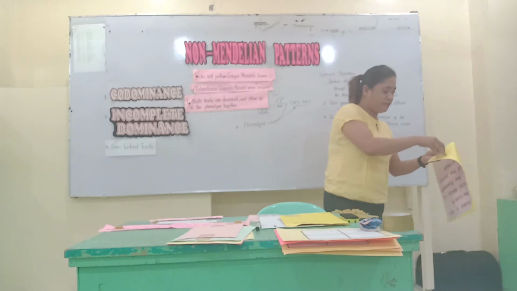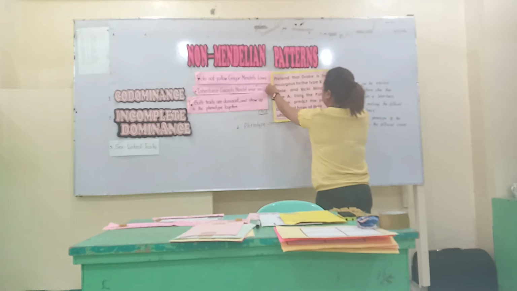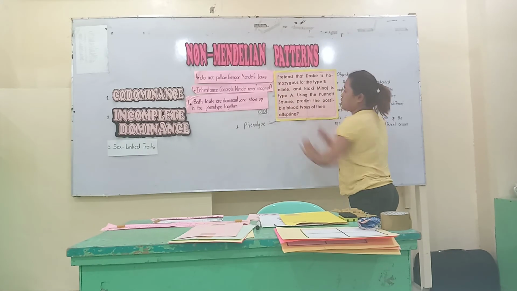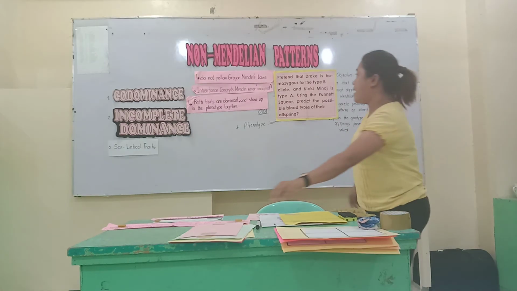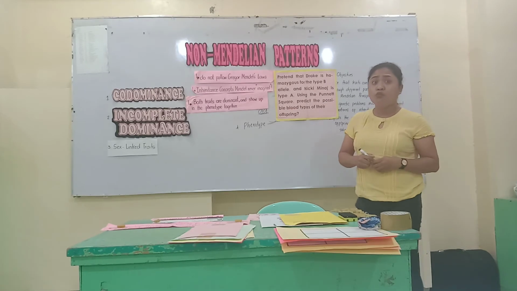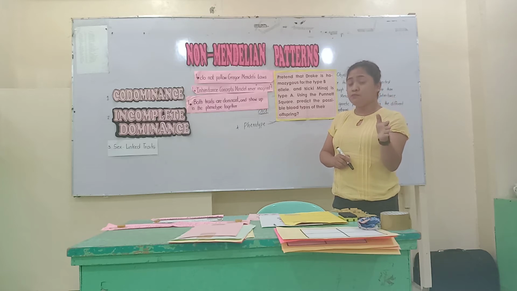What if you were given a problem like this? Okay, so let us read the problem. Pretend that Drake is homozygous. What do you mean by homozygous? Homozygous gani kung pareho dagko o kung pareho gagmay, homozygous na siya.